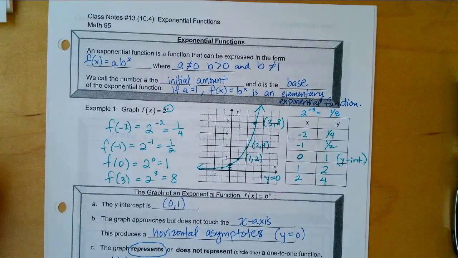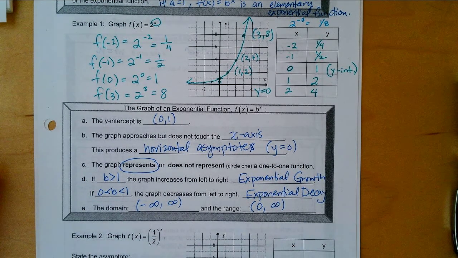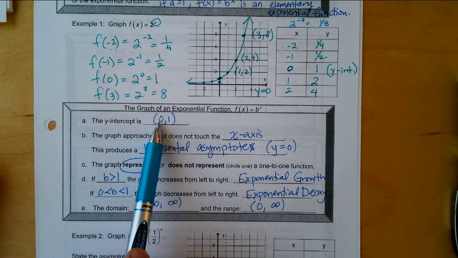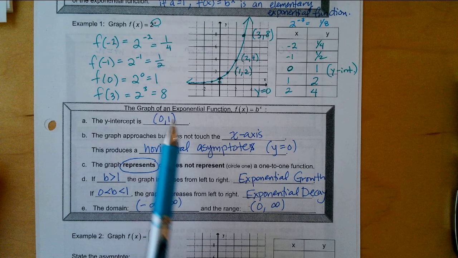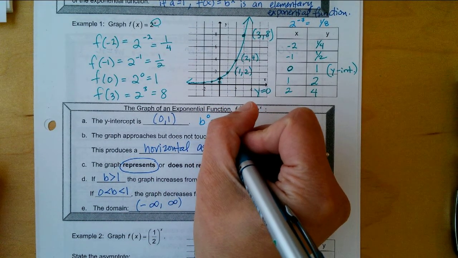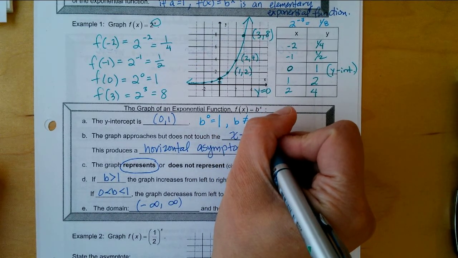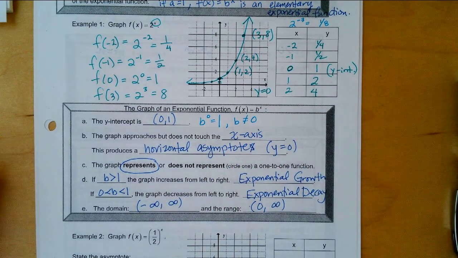So that's basically what we're talking about here in this next section. The graph of an exponential function f of x equals b to the x has a y-intercept at (0, 1), and that's because b to the 0 power is equal to 1 if b does not equal 0, right?